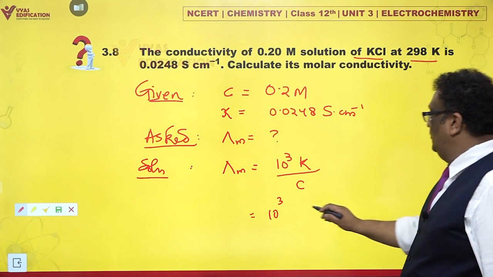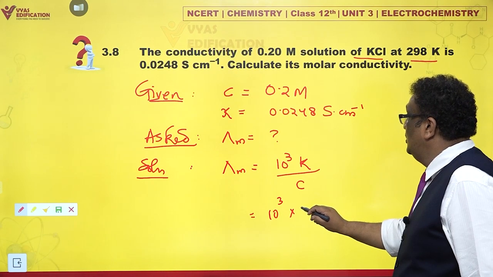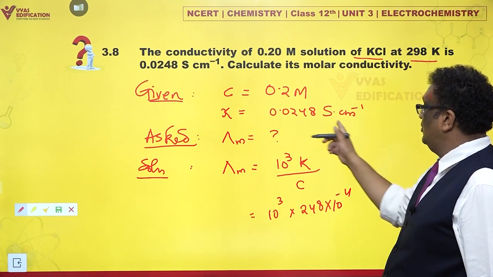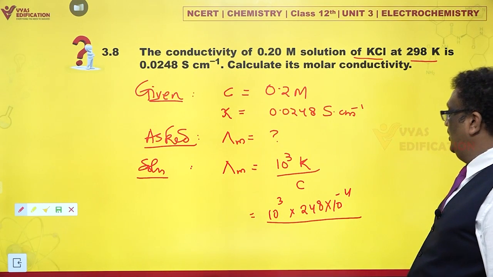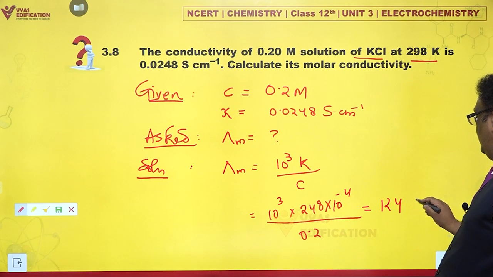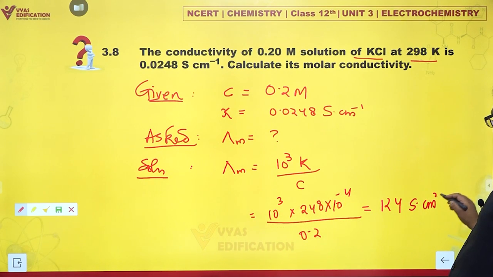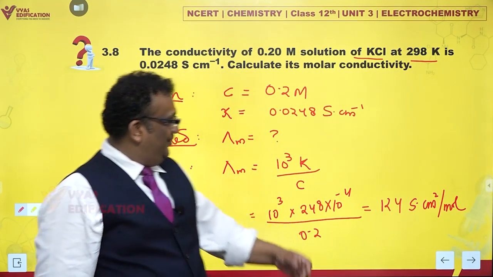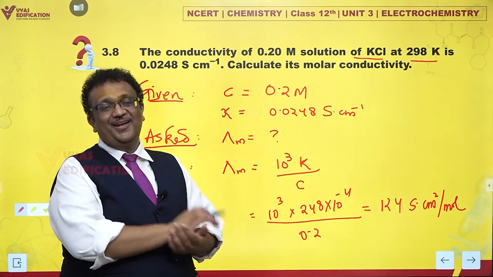Kappa is 248 into 10 raised to minus 4, divided by 0.2, which gives you 124 Siemens centimeter square per mole. Done? This is the value of molar conductance.